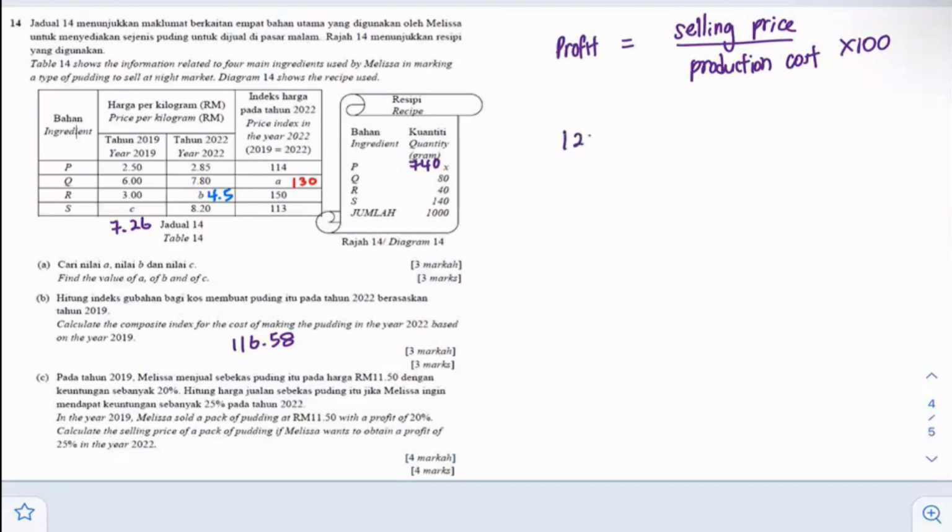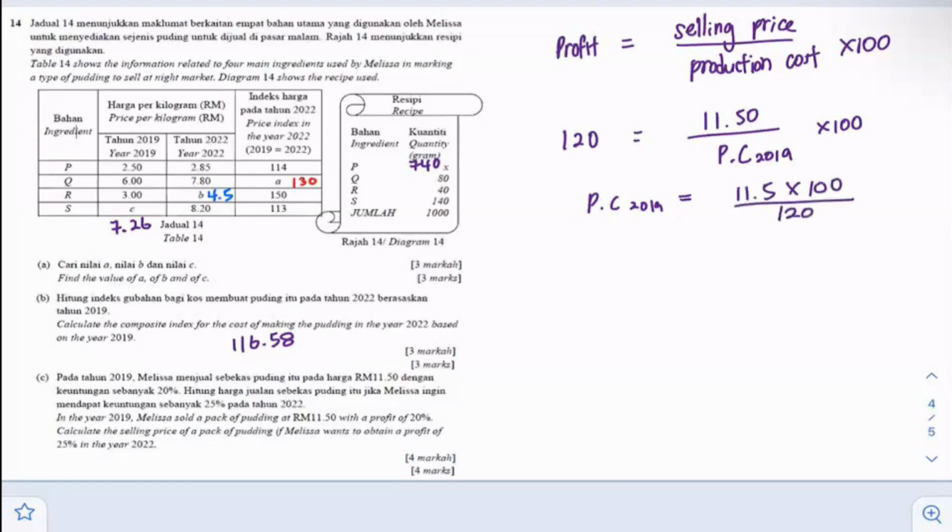So the profit is 120 because it's a 20% profit, and the selling price we know is 11.50 divided by the production cost we need to find in 2019 multiplied with 100. So the production cost in 2019 will be equal to 11.5 multiplied with 100 divided by 120. And you will get 9.58. So this is the production cost in 2019.